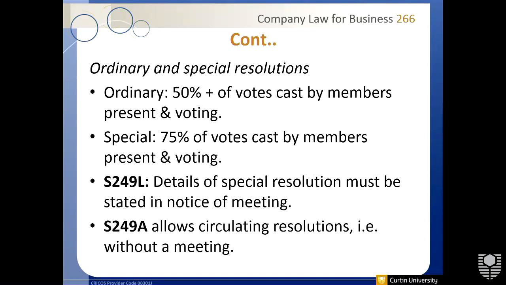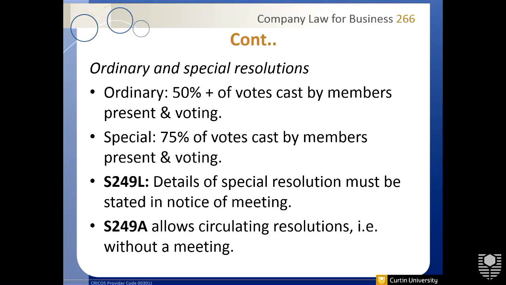Section 249L, details of a special resolution must be stated in the notice of meeting. And 249A allows circulating resolutions. What is a circular resolution? It is where no physical meeting has taken place, but a resolution, a letter or whatever, is written stating all the resolutions with supporting documents attached.